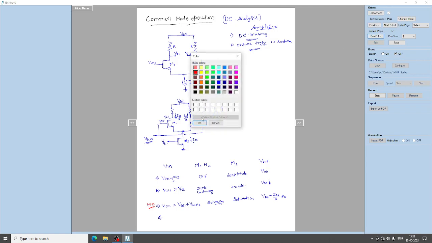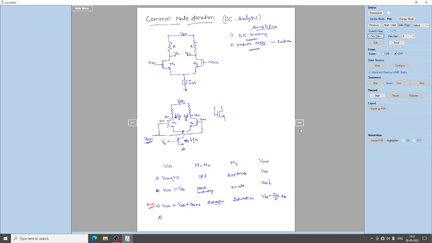Here, even if you keep on increasing the gate terminal compared to your drain terminal, by how much can you increase it?